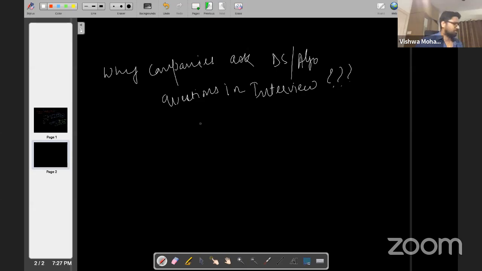To answer this question, the previous thing that I talked about also contributes, but to reiterate: the problems that we are solving these days in the IT industry are very complicated compared to what we were solving 5 years back. 5 or 10 years back, computers were mostly used to solve numerical and mathematical problems that required arithmetic calculations or computations.